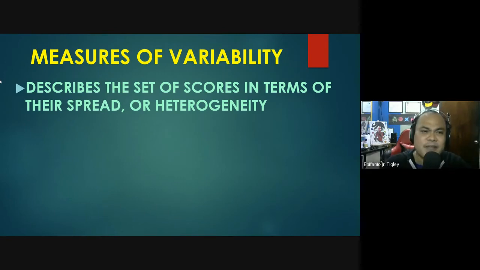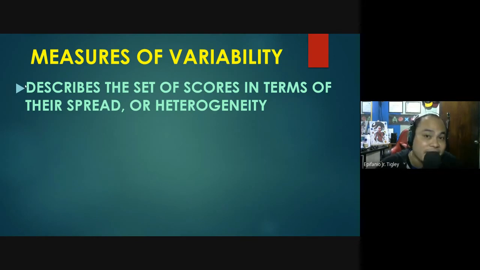Okay. If I'm gonna be rephrasing this in our Cebuano, when I say measures of variability, it talks about unsa ka close ang mga scores or unsa ka lagyo ang mga scores. Are the scores very close with each other or are the scores very far apart from each other?